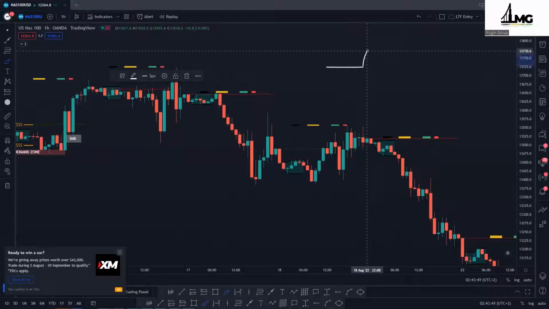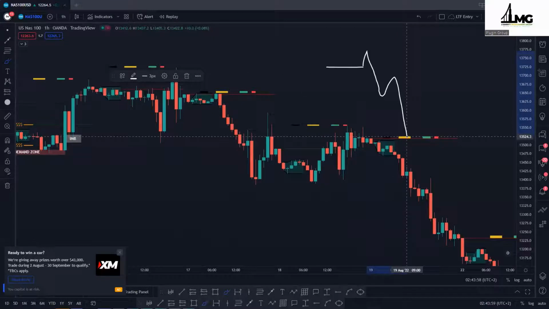Then we see the manipulation. After manipulation, we see price come to the downside, OTE, and then price reforms a low. Then we see price pull back, which is distribution, and then it closes. So this is the pattern right here, guys.